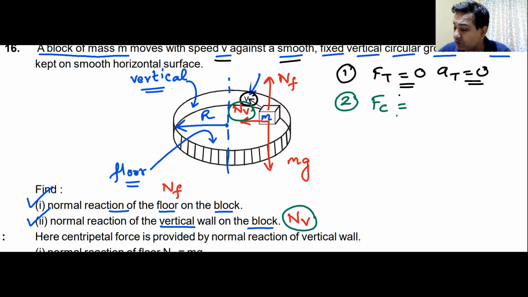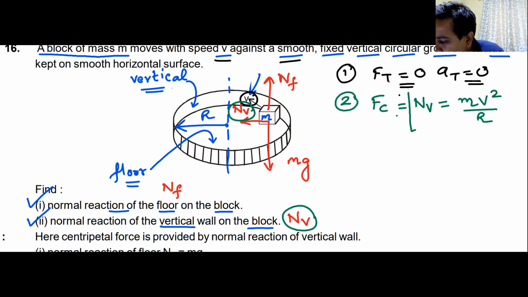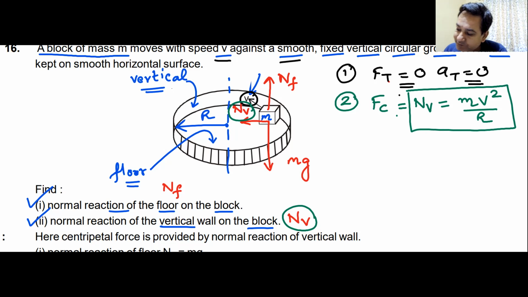The centripetal force is given by the normal force from the vertical wall, and it is always equal to mv squared by r. And yes, this is the answer for your second question.